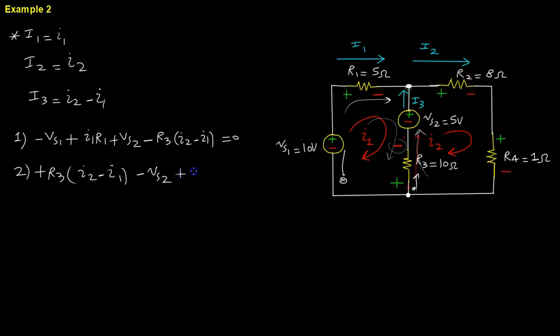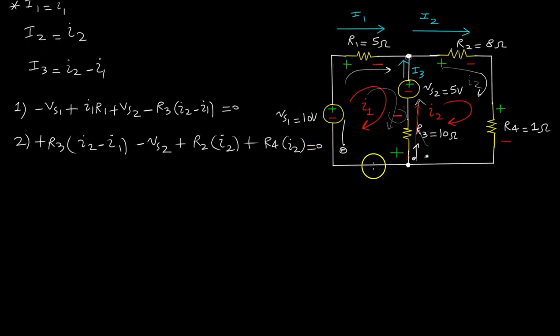I see a positive sign, R2 times the current, which is I2, moving in that direction. And I continue to go down. I see a plus sign, R4 times I2 again. And I come down to the same point, set that equal to 0. And so now, let's simplify these equations.